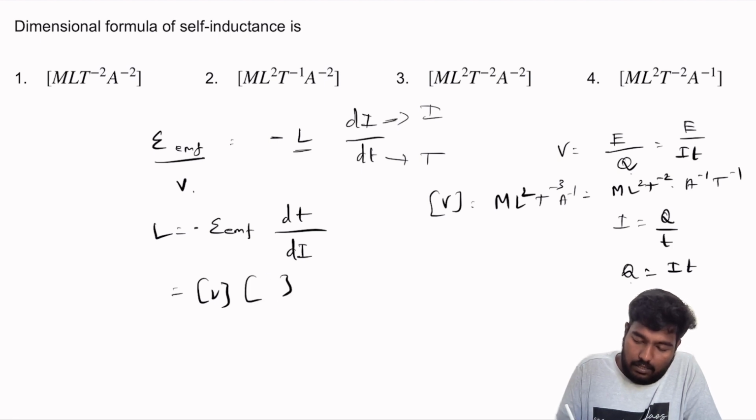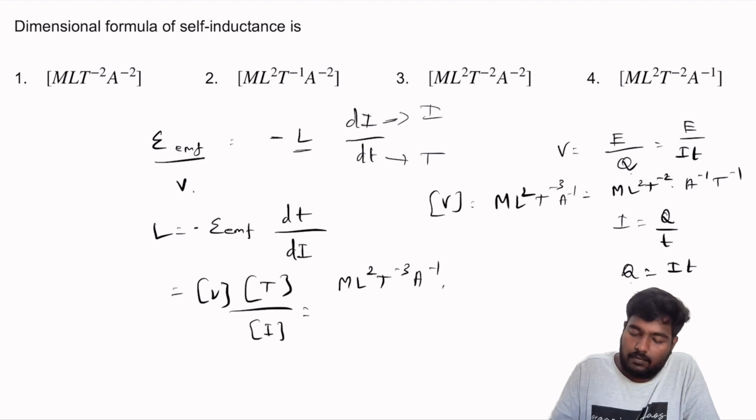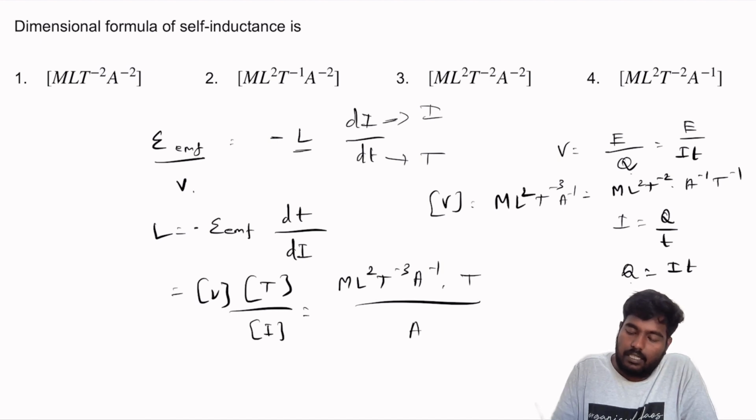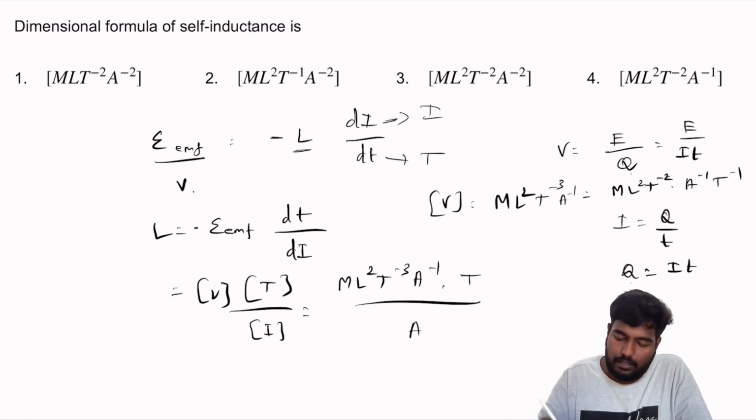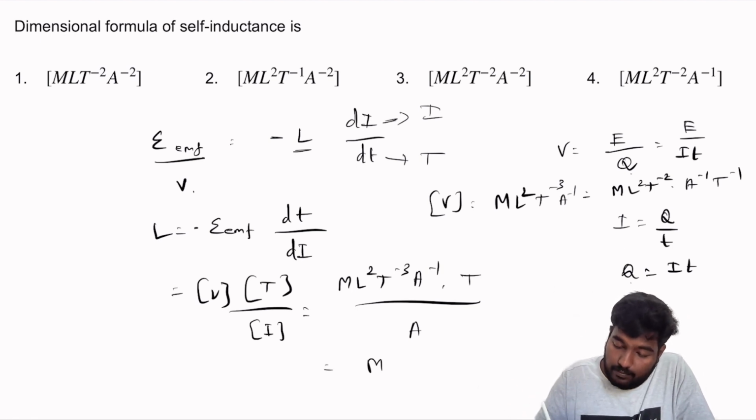So we get m L square t power minus 3 ampere inverse, into dt which is just time, divided by di which is just ampere. This doesn't cancel out, because it's ampere and ampere inverse, so it adds to the exponent. So m L square ampere power minus 2 t power minus 2. That's my self-inductance.